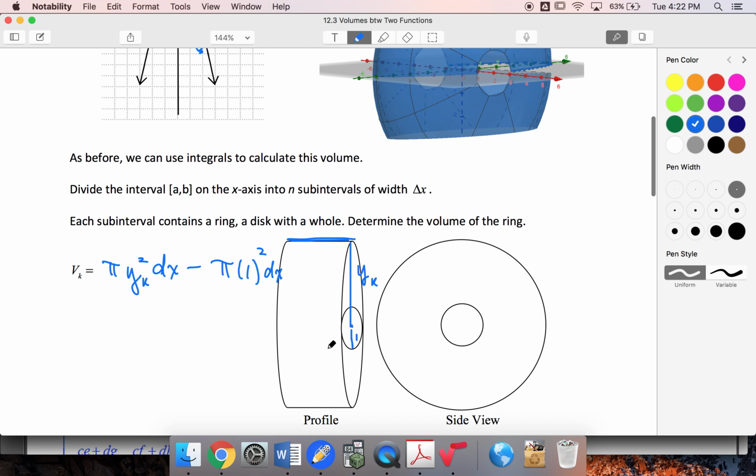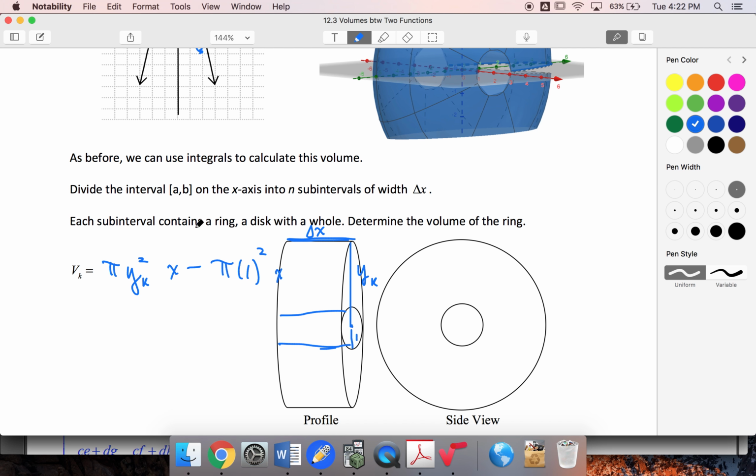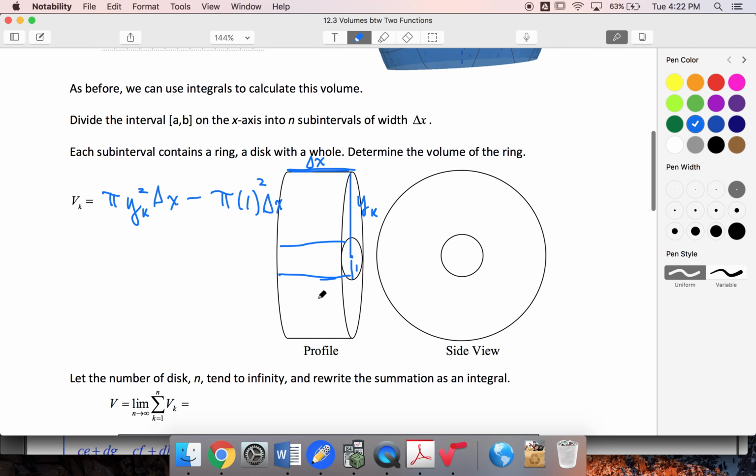If I take out the cylinder on the inside, that height is, sorry, my delta x. I'm not integrating yet, so that would still be delta x. That would be for one cylinder.